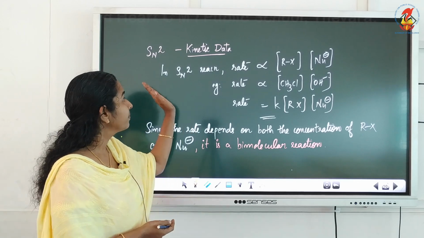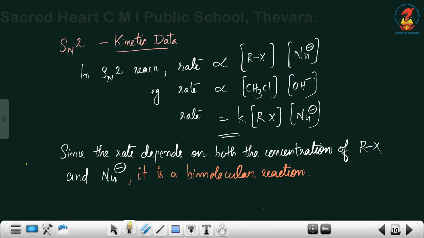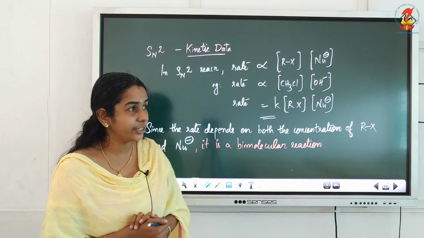So, what we can say is that in SN2 the rate of reaction depends on the alkyl halide and the nucleophile. Read it as: the rate is directly proportional to the concentration of alkyl halide and the concentration of the nucleophile, that is the attacking reagent.